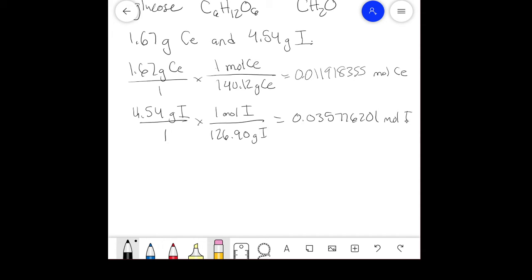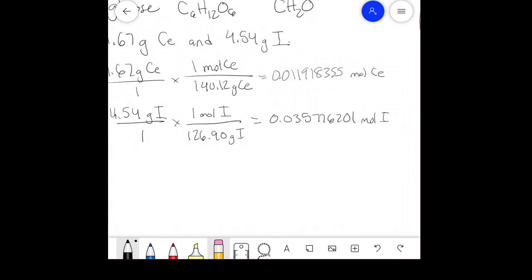Okay, so now you are going to take the smaller of these numbers, and you are going to divide all of them by the smallest one. So Ce is the smallest.